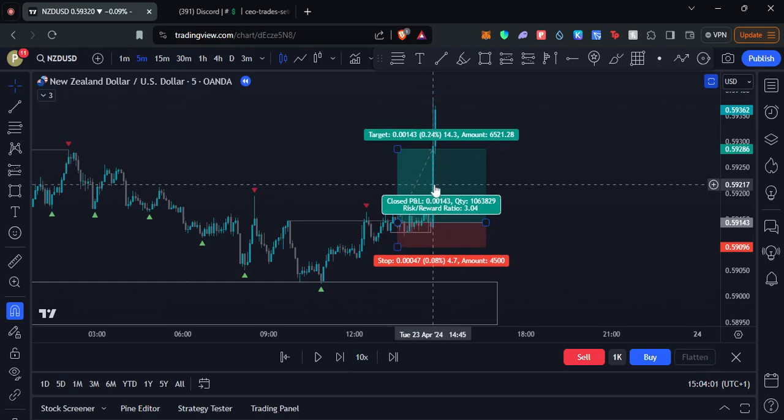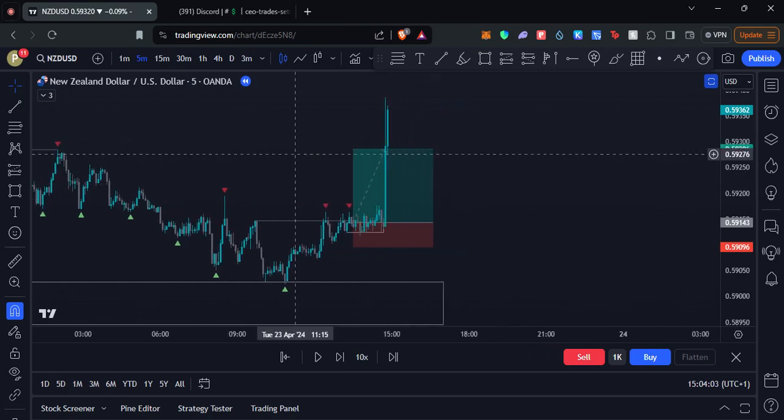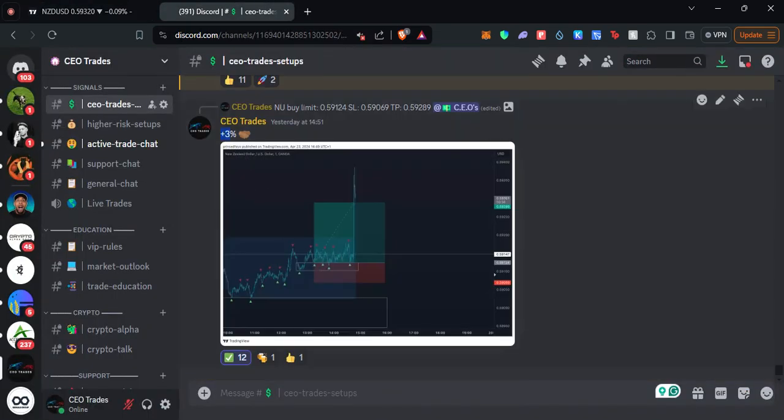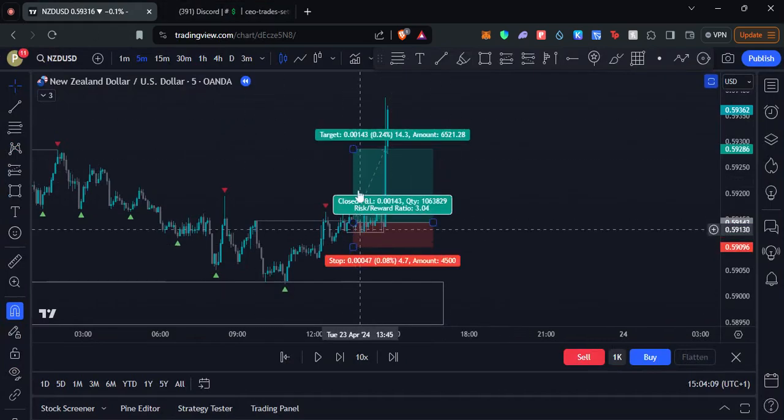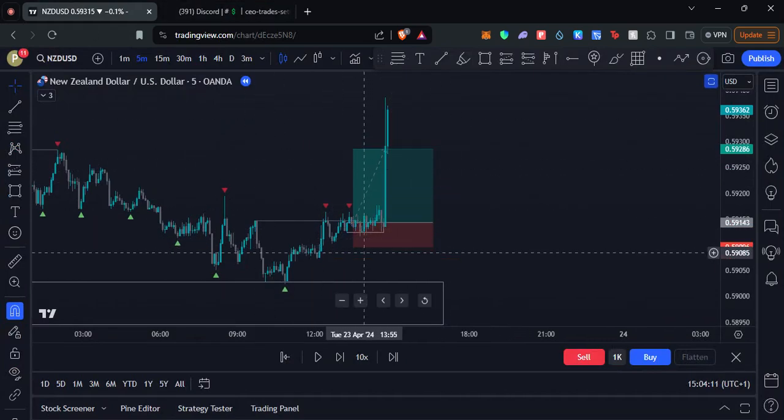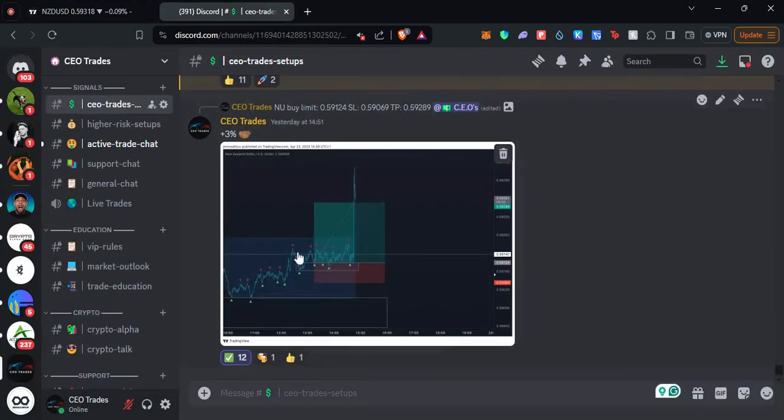Just in that one candle, price then flies straight to our take profit and we hit a beautiful 1 to 3 risk to reward trade. Now, again, this was a very high quality trade setup that we were able to execute within the Discord.